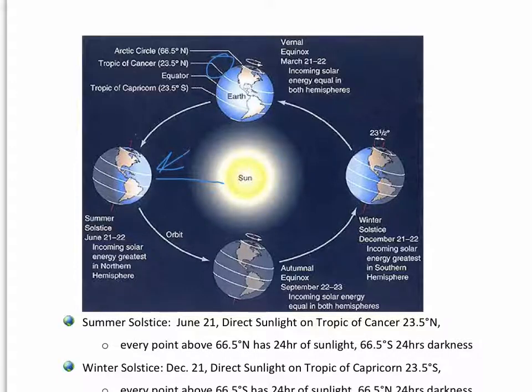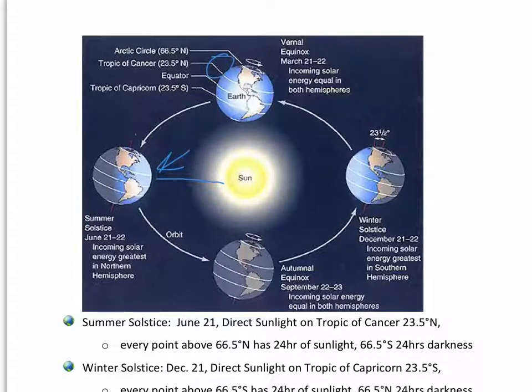The greatest concentration means it's probably going to be the warmest point on that given day. So we're going to learn a little bit more about angle of insolation in our next lab. But for right now, let's just go with this concept. June 21st, 90 degrees of insolation striking on the Tropic of Cancer.